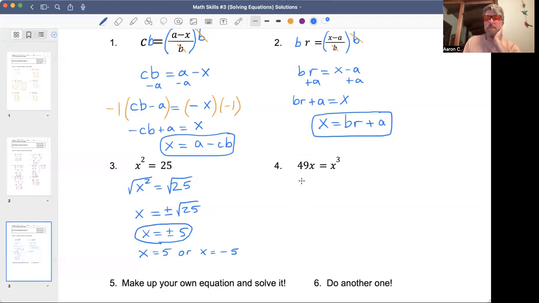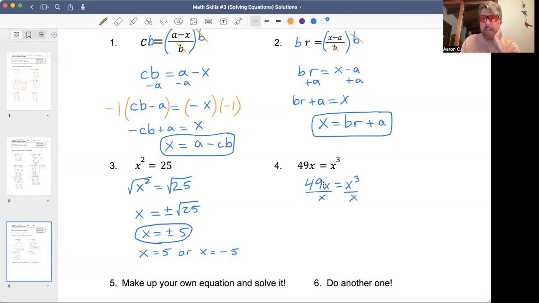All right, now we're going to do this one here. The first thing I'll do is write this again, 49x equals x cubed. And the first thing I'll do is divide by x on both sides.